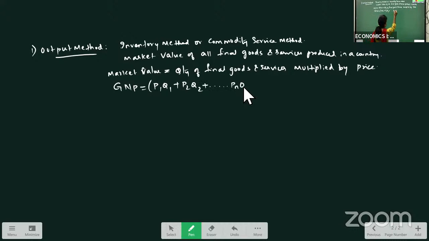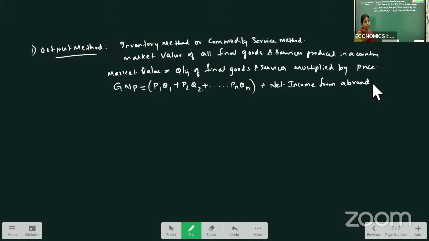N number of commodities are produced in the country plus net income from abroad. So see, what is P? P is the price of the commodity. Q is the quantity. Means one firm, how much quantity they produced into price.